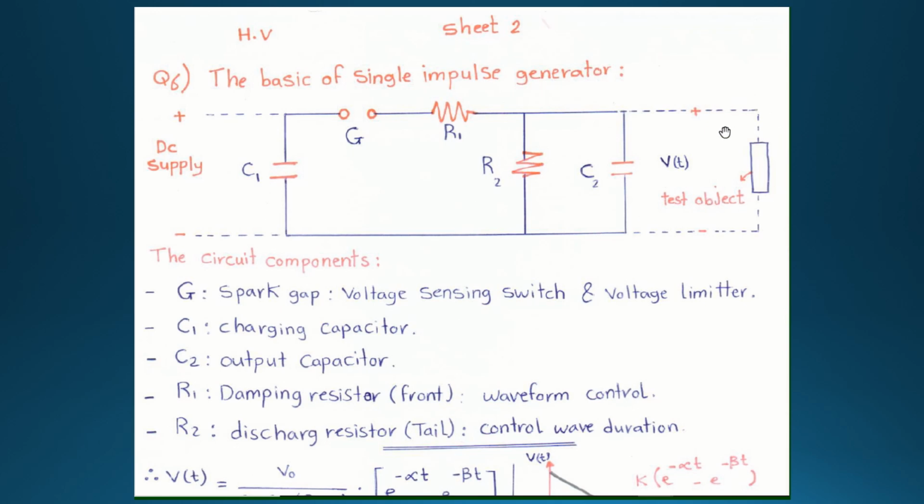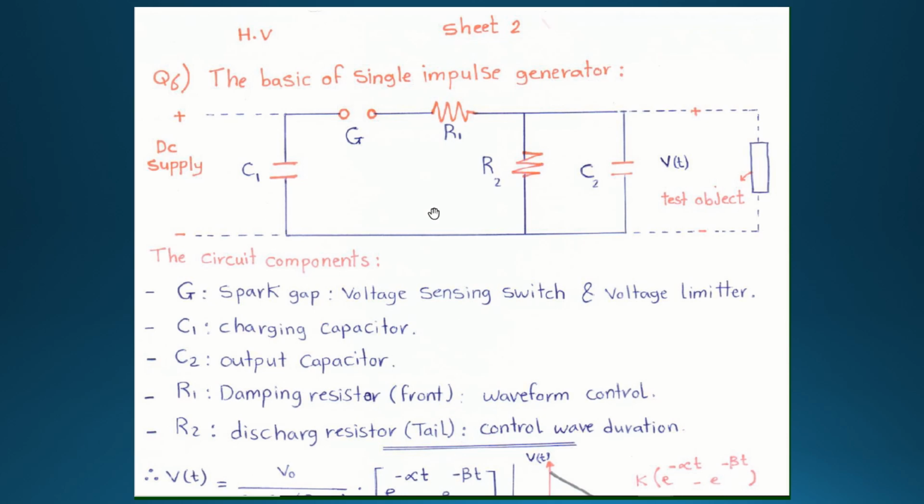The elements, as you know, are C1, R1, R2, C2 and G, which is the spark gap. This is the basic structure of a single impulse generator.